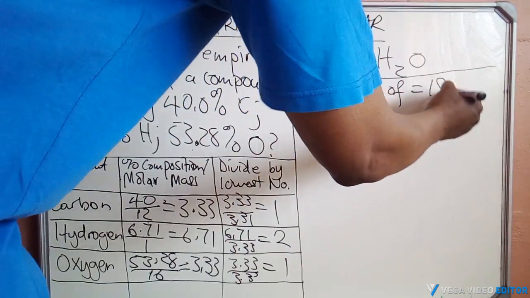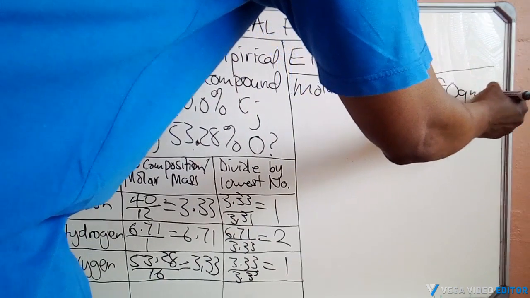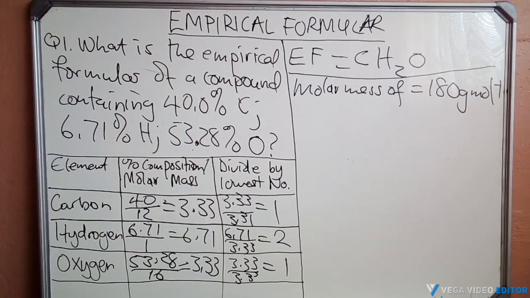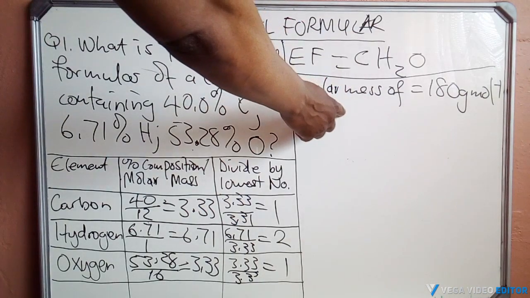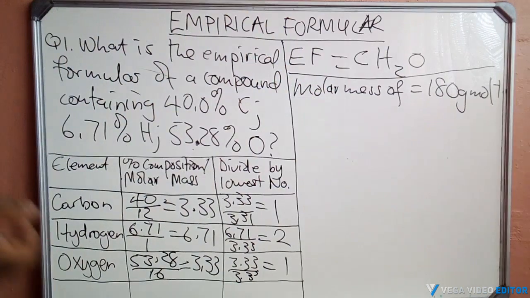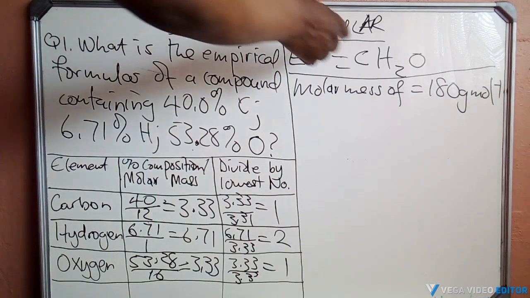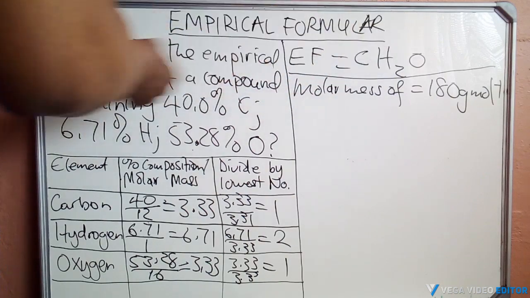That is the molar mass that we've been given. So we want to find out exactly the molecular formula of the compound, given that molar mass. What we are going to do then is, first and foremost, find the total mass for the empirical formula.